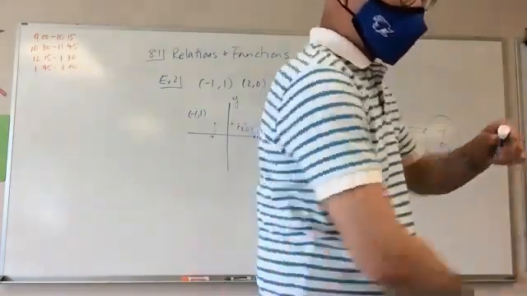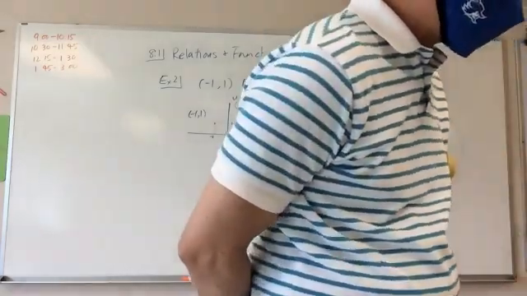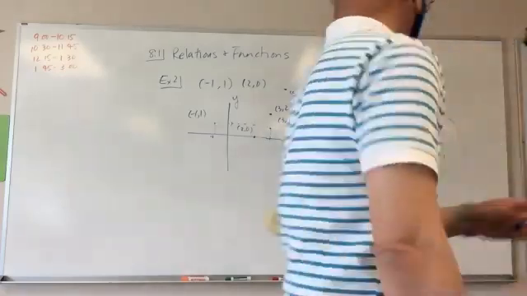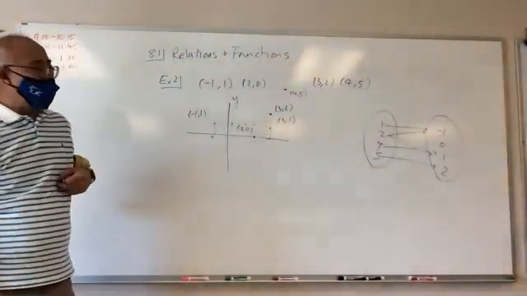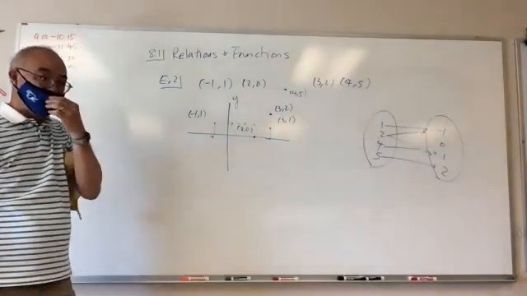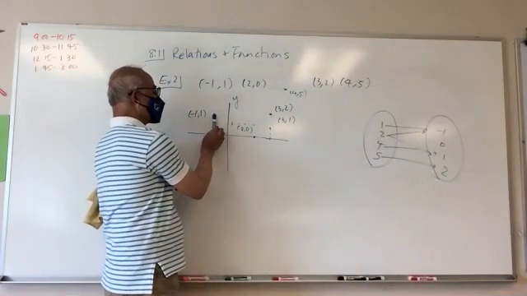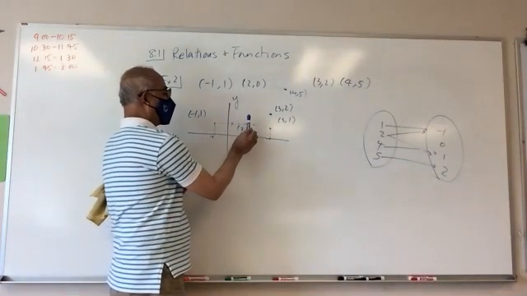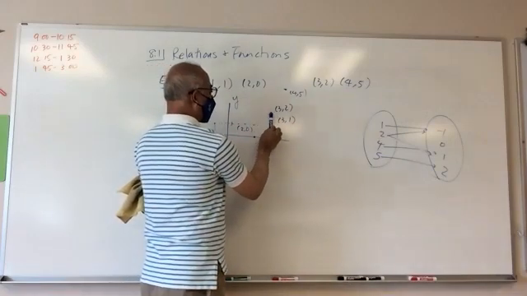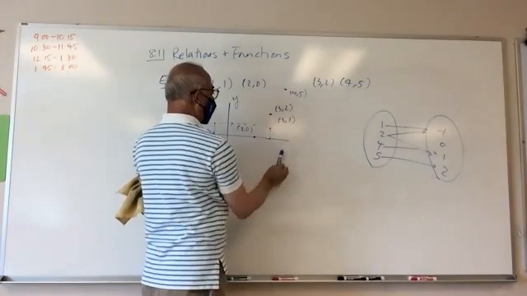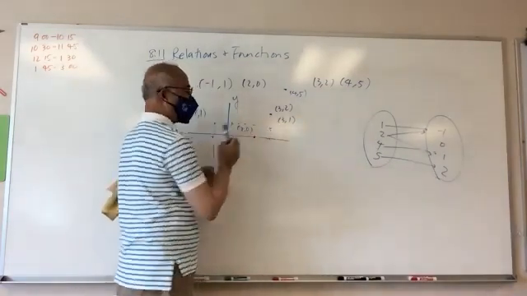Example number 4A. In the graph below, we use what we call a vertical line test, okay? So on this one here, if I'm going to determine whether this is a function or not, I'm going to look at every input and make sure there's only one point there. Every input has one point, except for here. Right over here, on the vertical line, I have two different dots sharing the same line.